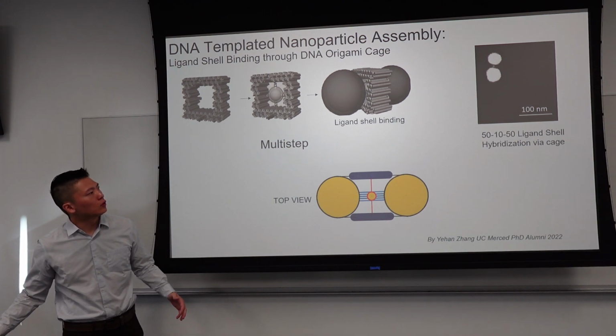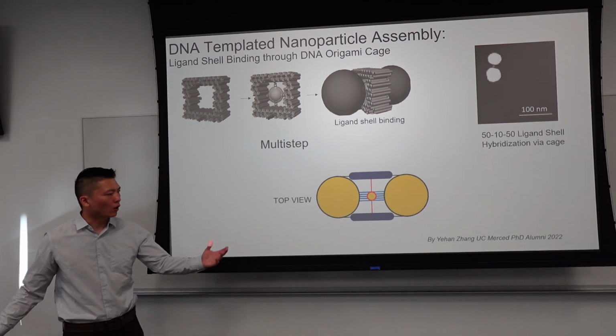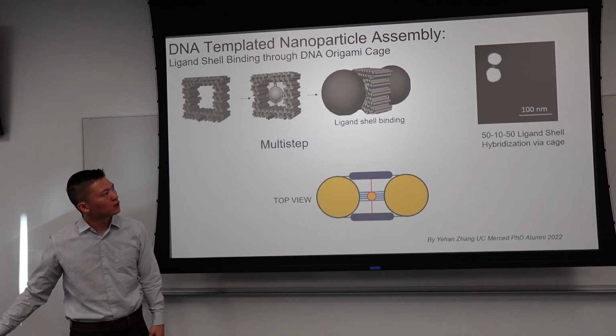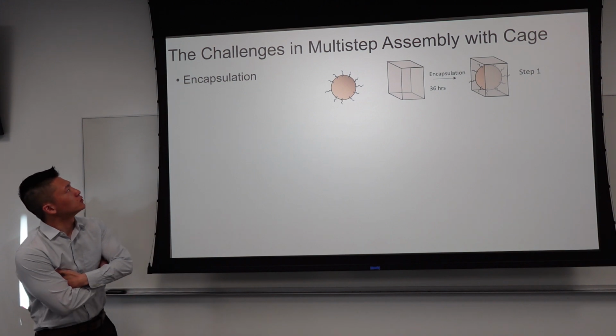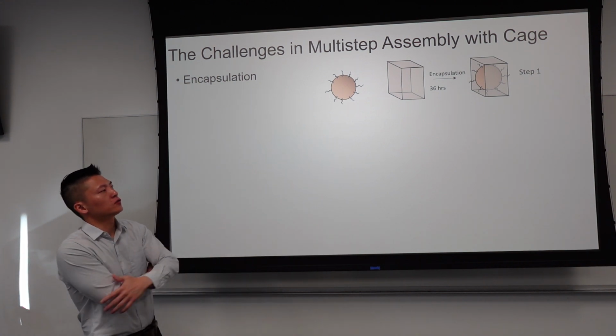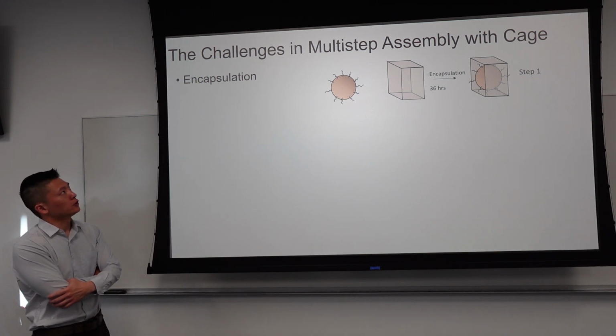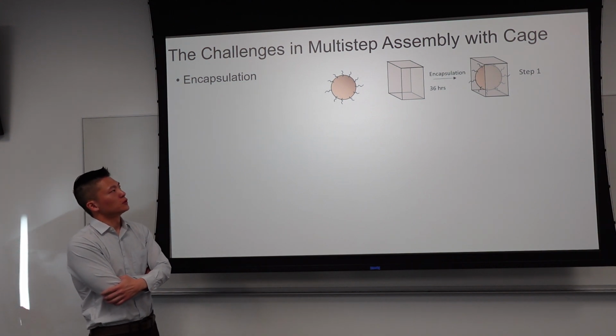All right, but even with all the issues that Yihan had, there were generally low yields. The encapsulation process, for example, had a lot of low yields. So this was a really big challenge for him.